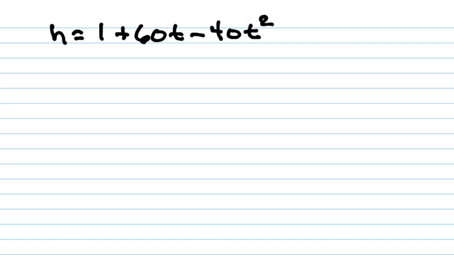Okay? So they're going to give you some function. Now what we have is its height. And height is a type of what thing? A distance, right? So h, s, same difference, but we're talking about a height here. We want to know how far above the ground was the rocket when it was launched.